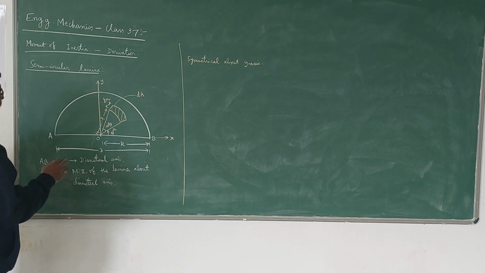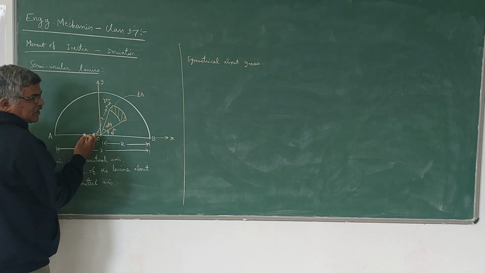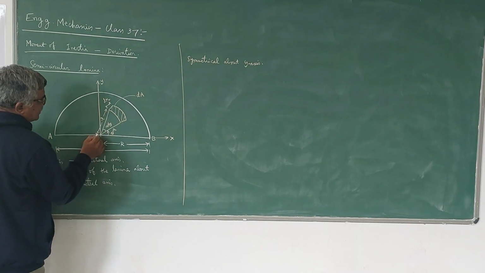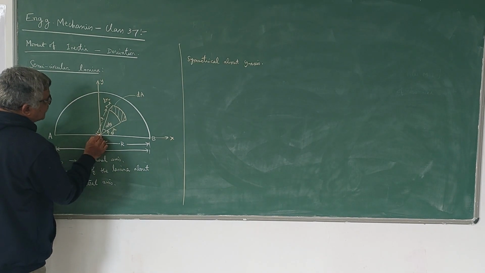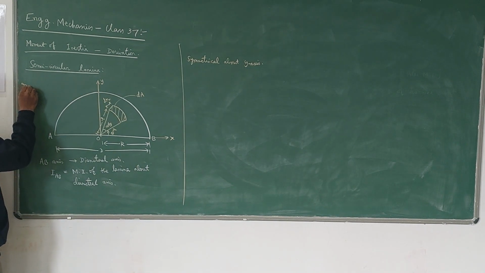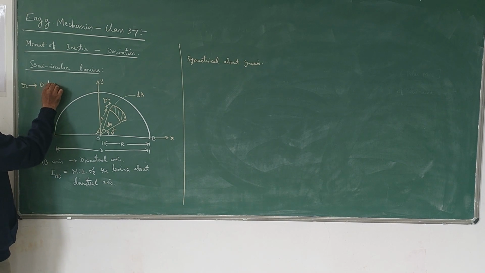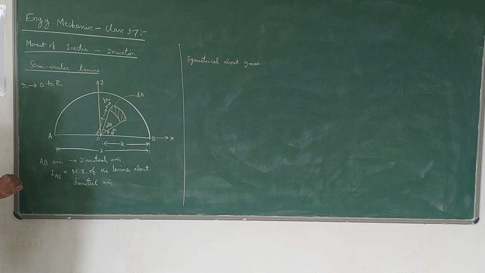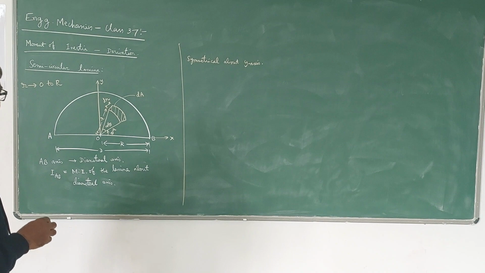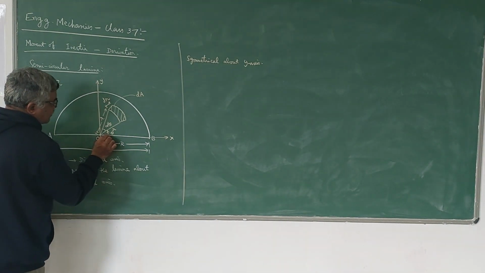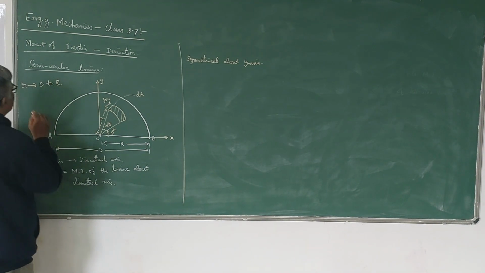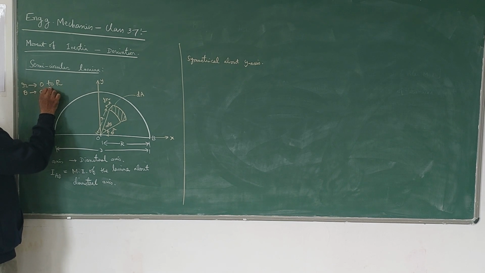We can observe here the limits of integration. For r, r can vary from 0 to capital R, where R is the radius of the semicircle. So this is very important. Theta can vary from here to here, that means 0 to pi, 180 degrees.